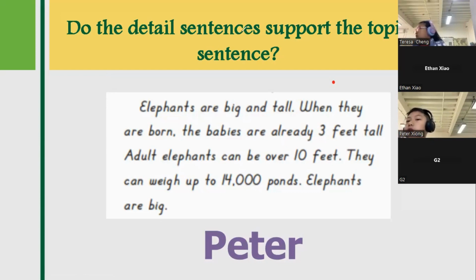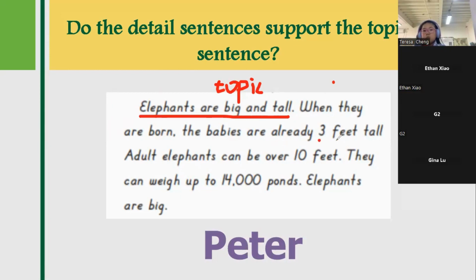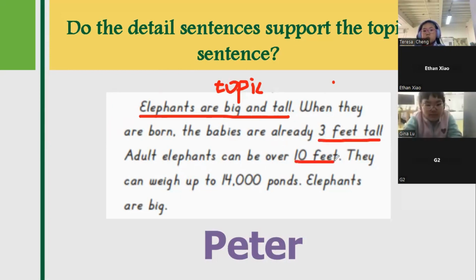Because elephants are big and tall when they are the babies. You don't think the detailed sentences are for the topic sentence? What's your reason? Because I think that is not topic.